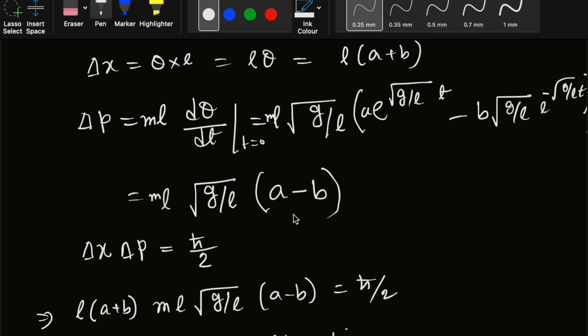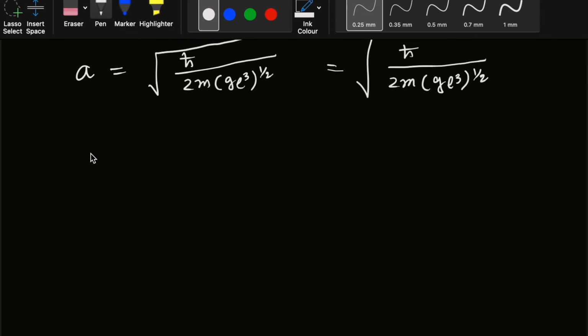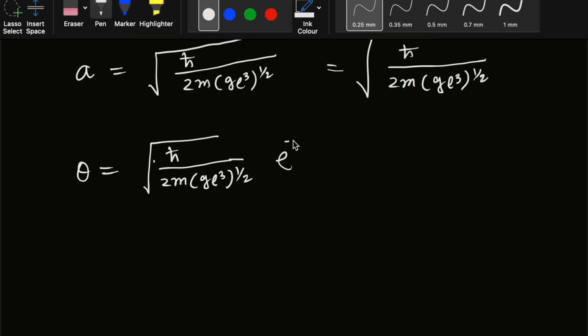Now if we put the value here, theta will be a, that means root over h cut by 2m g l to the power half, e to the power plus root over g by l into t.